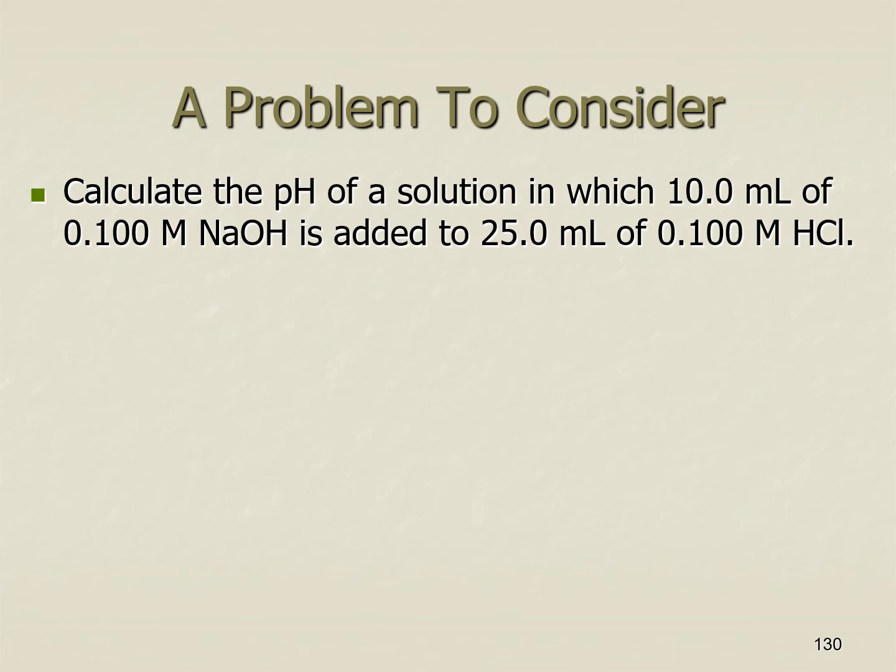In this case, the equivalence point should happen at 25 milliliters of NaOH. So this situation is before the equivalence point. We haven't added enough NaOH to totally titrate the HCl. So this solution should have a pH that's acidic. But anyway, let's go through the steps.